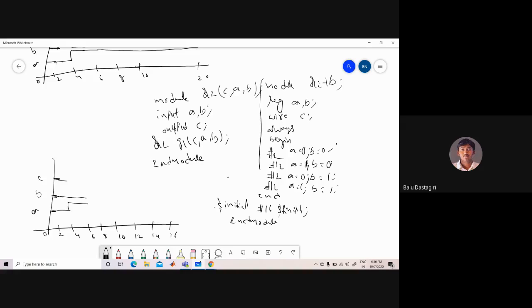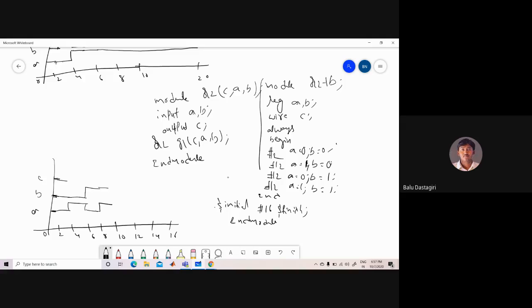Again after 2 units of time, at 6 time units, the value of A becomes 0 and the value of B becomes 1. And again after 2 units of time the value of A becomes 1 and the value of B becomes 1. Okay, so now what happens here?